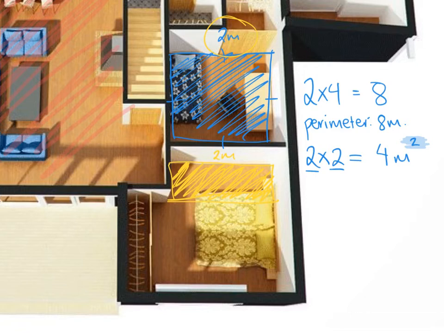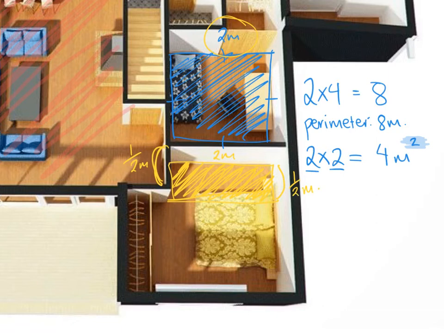Yeah? And now I'm looking at the side here, and I think that's a bit less than 1 meter, so I'm going to say it's half a meter. Okay? So this rectangle along, because of the perspective, it's a bit strange. This side here is half a meter. Okay?